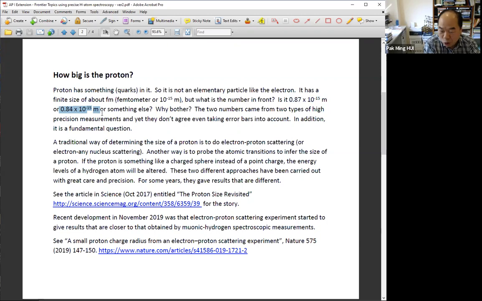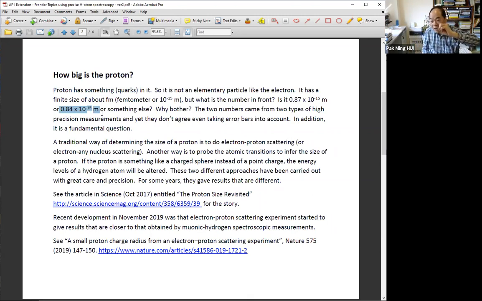But the issue is, physicists believe we have a very reliable way of doing experimental measurement of the size of a proton. One more traditional way is electron scattering. So in classical mechanics, you have learned this problem.